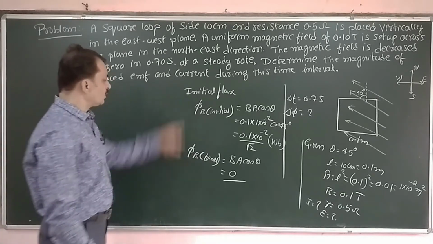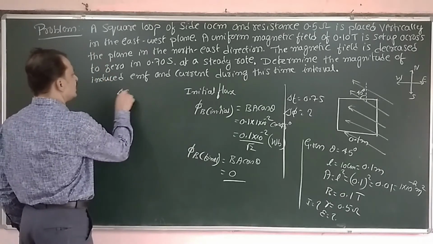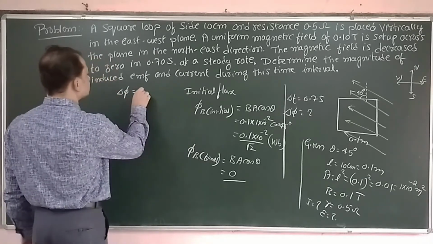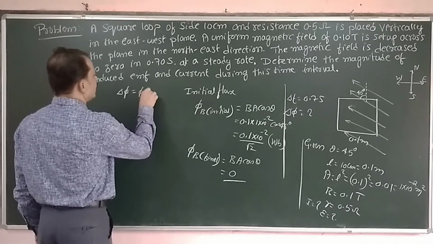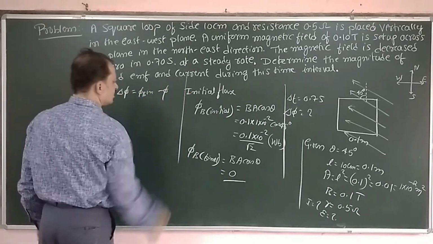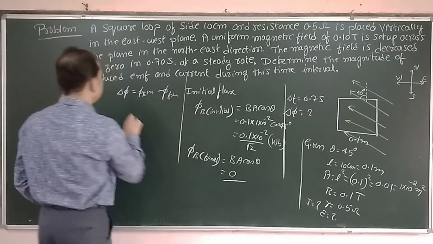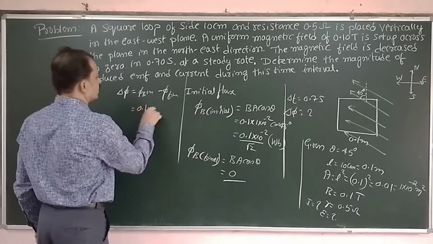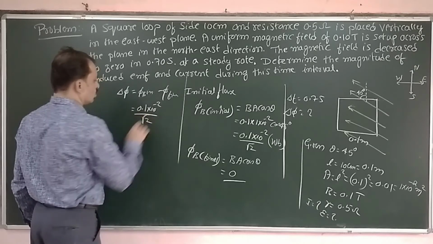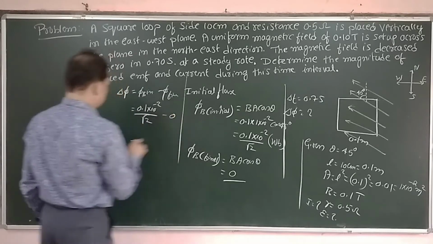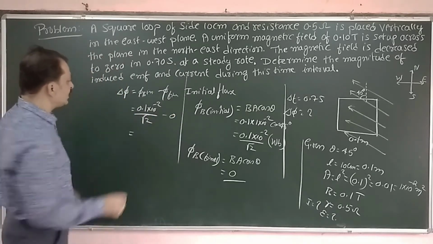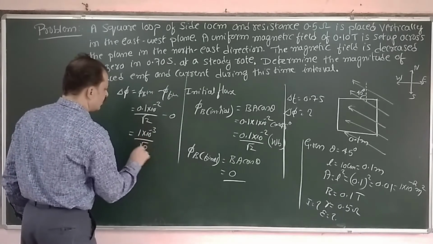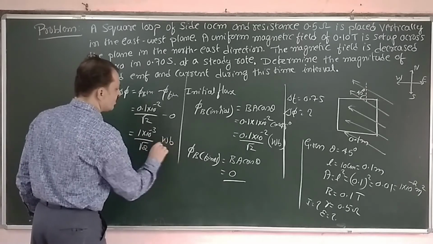Clear? Okay. Now what is the change in flux? I will write it as delta phi. It is the change in flux, that is phi B initial minus phi B final. Now initial is that one, 0.1 into 10 raised to minus 2 divided by root 2 minus 0, or I will write it as 1 into 10 raised to minus 3 divided by root 2, that is Weber.